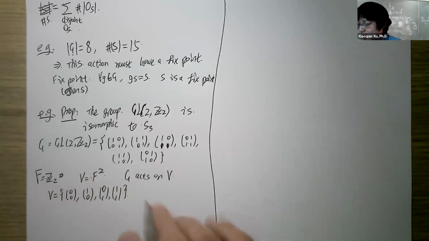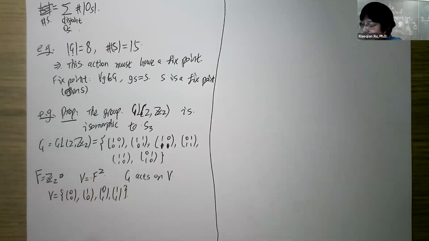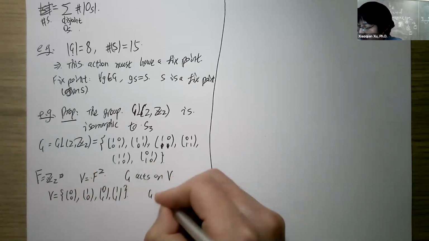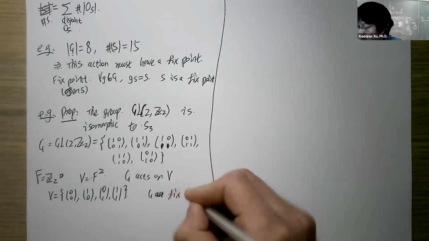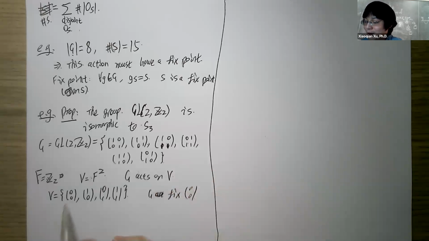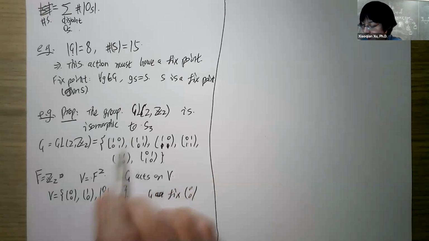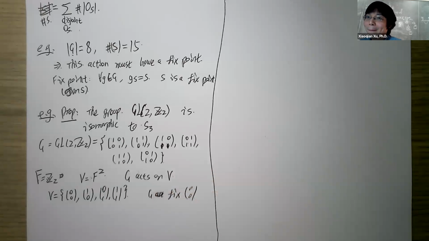Okay. So G can act on V, and you can see that G will fix (0,0), right? Whatever you multiply (0,0) by, it's just (0,0), right?